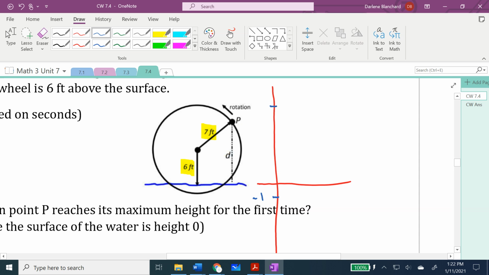What is the highest y coordinate of this function? 13. Because with the radius being 7, when I look at that going from 6 feet above the water level, it's 7 units more, 13.